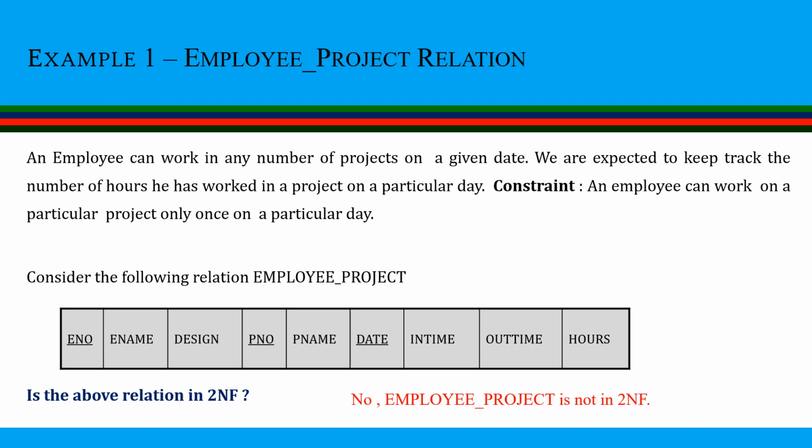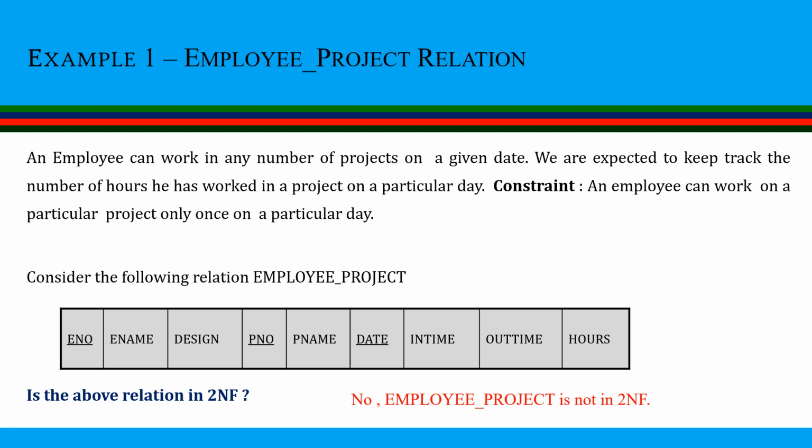So on a day, this particular project can be assigned to the employee only once. So we have a relation employee project: employee number, employee name, design, P number, P name, date, in time, out time, hours. So my question is whether the above relation is in second normal form.